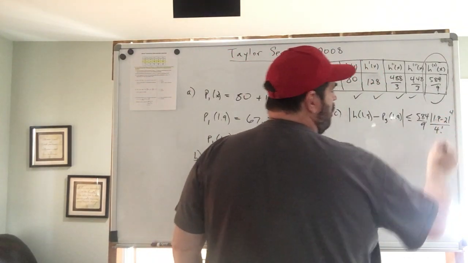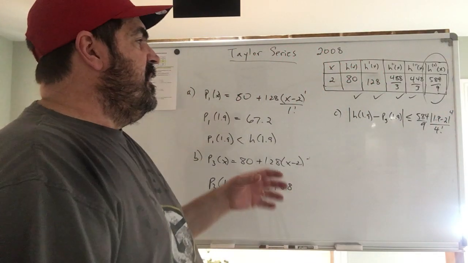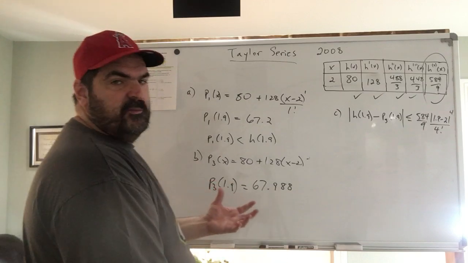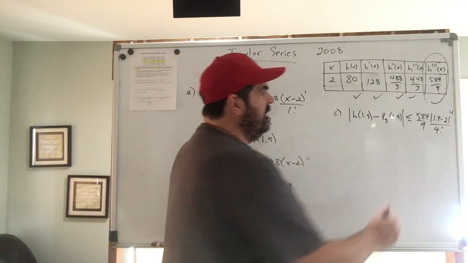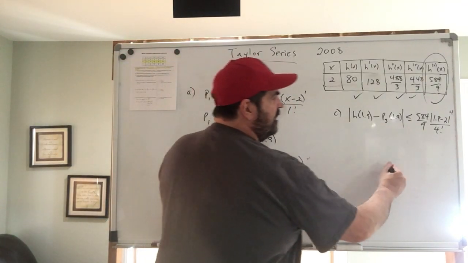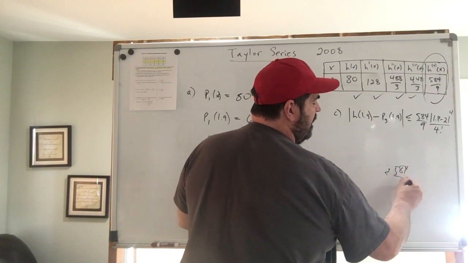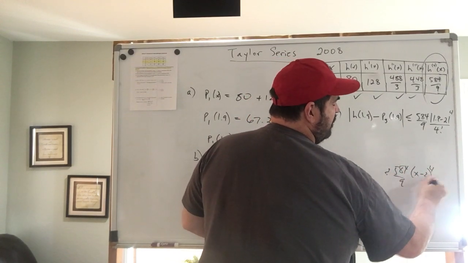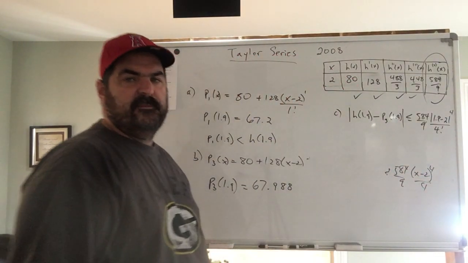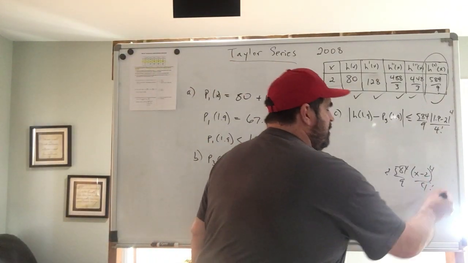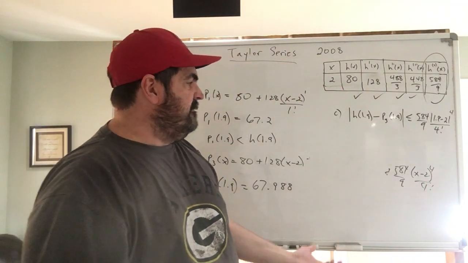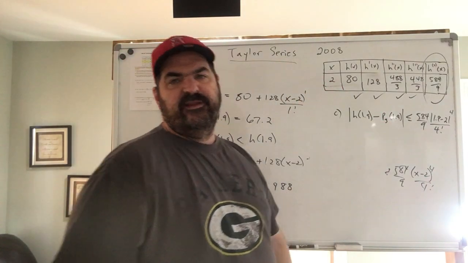I'm just going to do 1.9 minus 2. If you guys remember, we're just plugging into what the next term would have been. I erased this, but the next term would have been 584 ninths x minus 2 to the 4th over 4 factorial. So we're just plugging 1.9 into that. That's pretty much what you're doing. You're plugging into the next term.